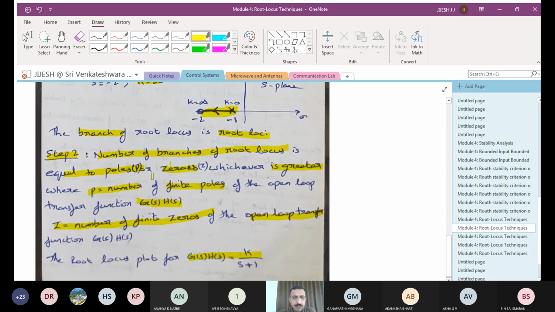Once you understand that the number of poles and number of zeros are already discussed, now you can just take this as an example, G of s, H of s is equal to k by s plus 1. I think you might have made a note of all these things. We will proceed further.